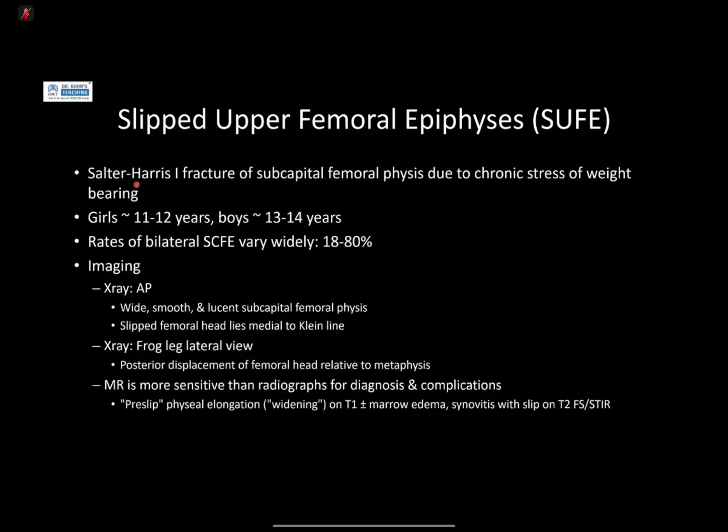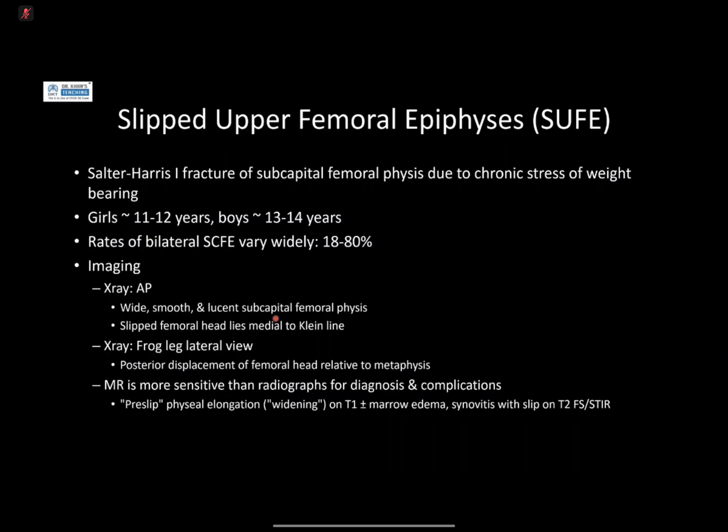Often we call it a Salter-Harris 1 fracture, because it's through the growth plate or the physis, and there is chronic stress or weight bearing. Often it's in children who are a bit bigger, higher BMI, and I find the asymmetry of the physis one of my more sensitive markers, because in early slips you may not be able to actually see the slip, but the frog leg lateral would be the more sensitive view than the AP view to look for the slip.